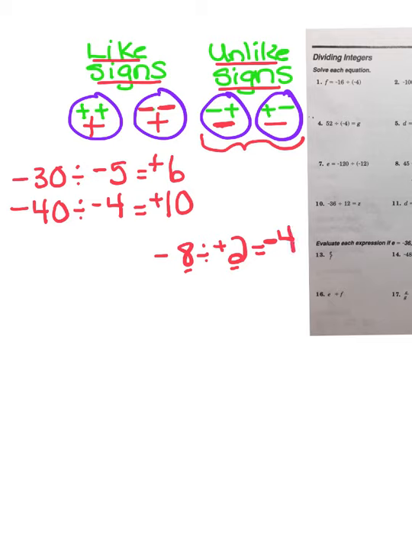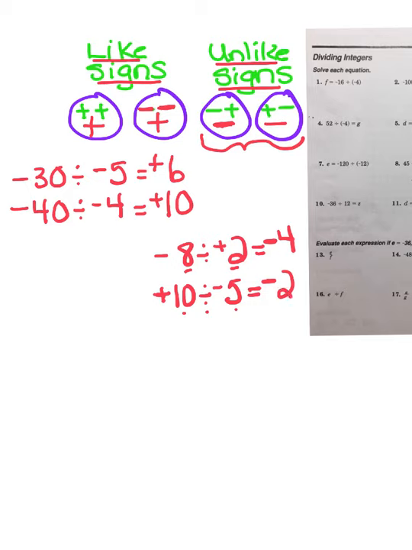And one more. What if we have a positive 10 being divided by a negative 5? Once again, unlike signs, we will get a negative result. 10 divided by 5 is simply 2. Negative 2 is the answer.